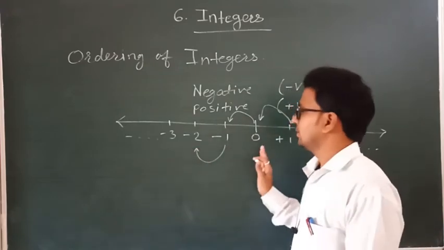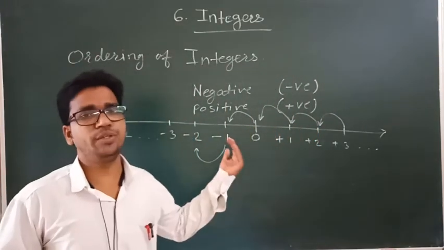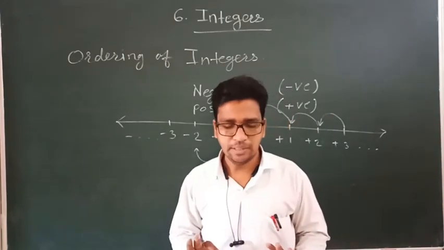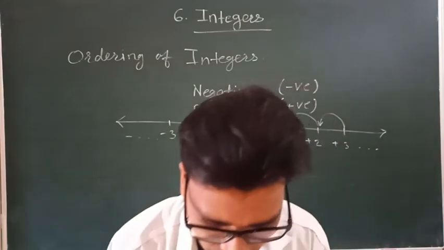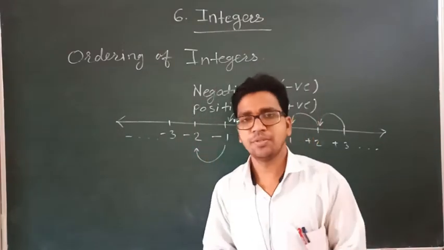Okay. Means the values of numbers decrease when we go to the left of the number line. Got it? So it is all about ordering of integers.